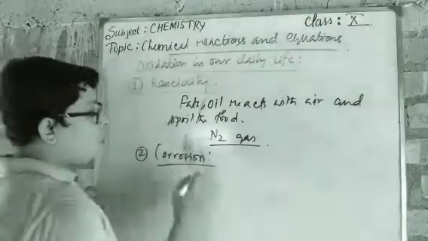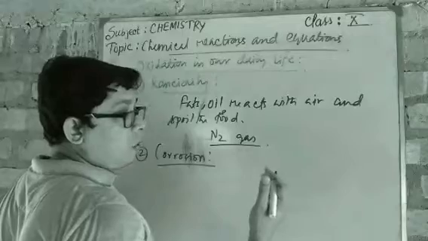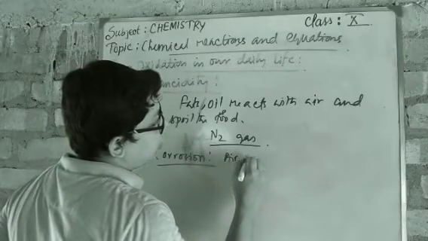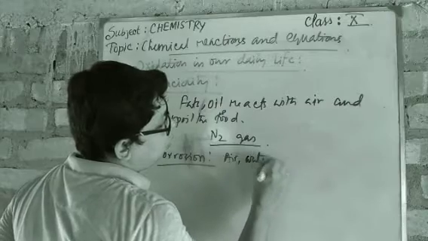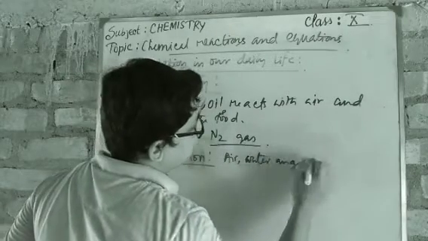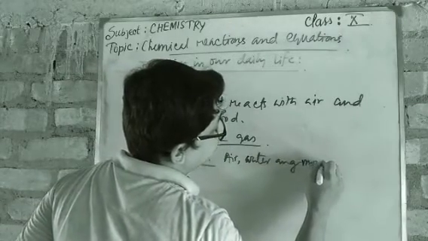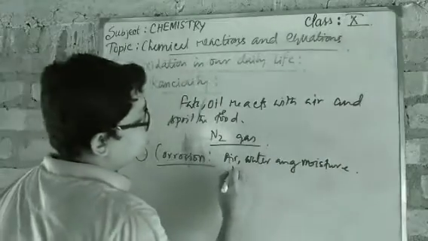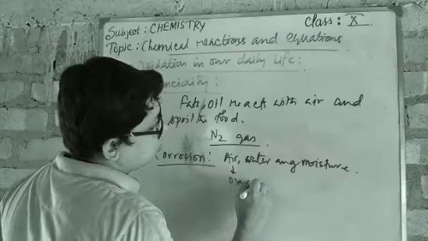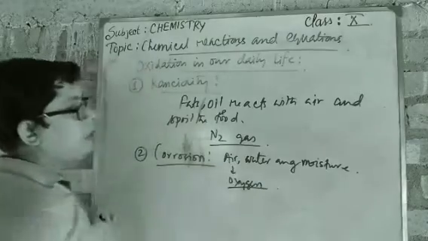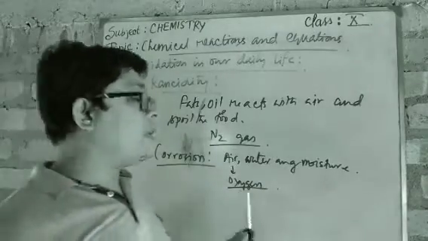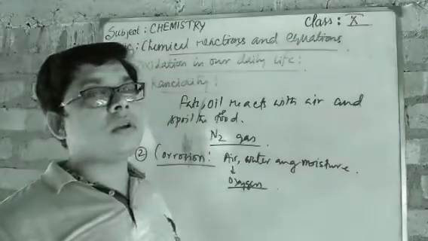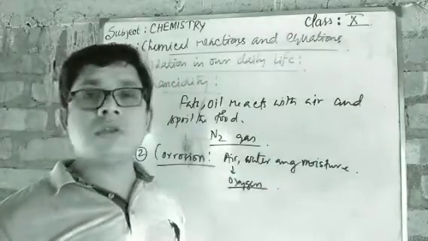It means corrosion occurs only due to air, water and moisture. We are reading oxidation, so oxygen is present in air, and water is present as water vapor, which means moisture.